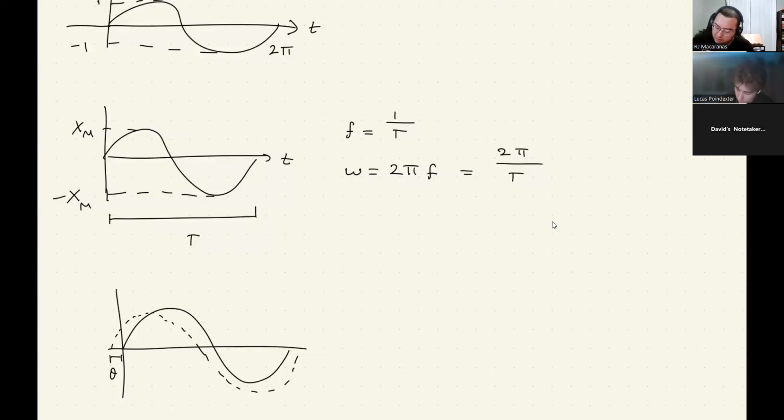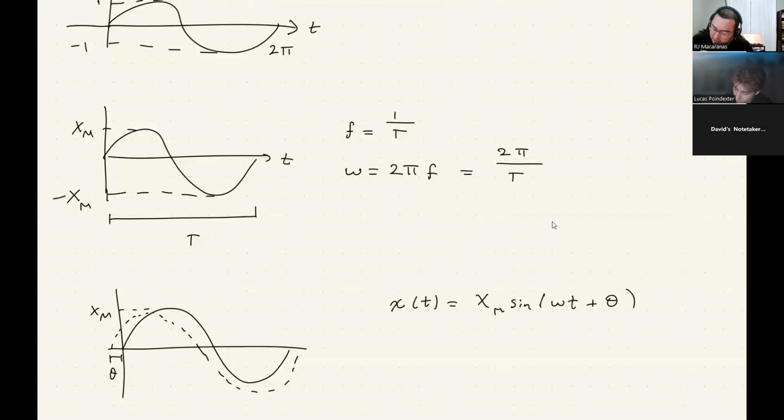The normal sine wave. And so generally we define this function x of t, right, which is this dashed line, is capital X sub m, right, where this again is our magnitude, times sine omega t plus theta.